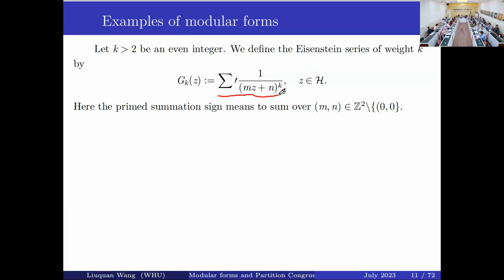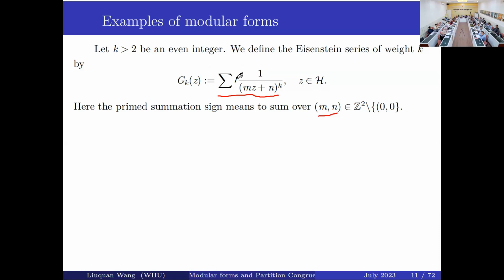The summand is 1 over (mz + n) to the kth power. And the prime in the summation means the summation ranges over all non-zero vectors (m, n). So this means m and n cannot be simultaneously 0.